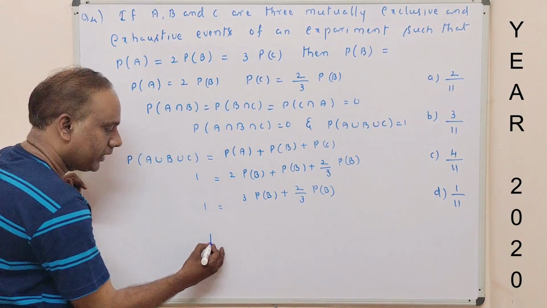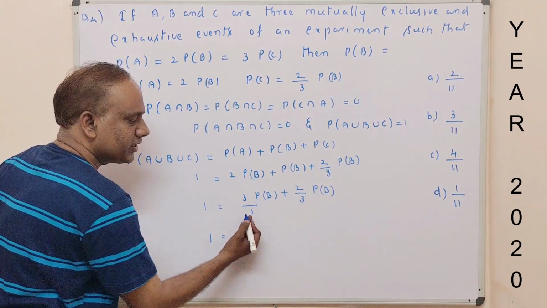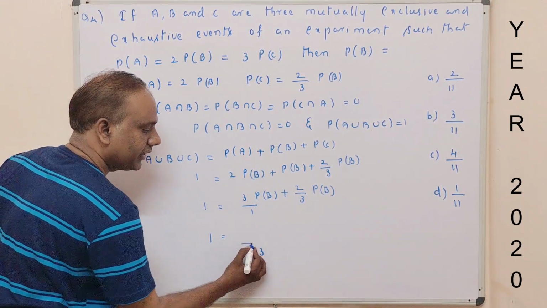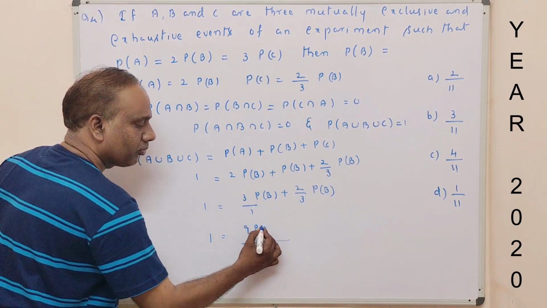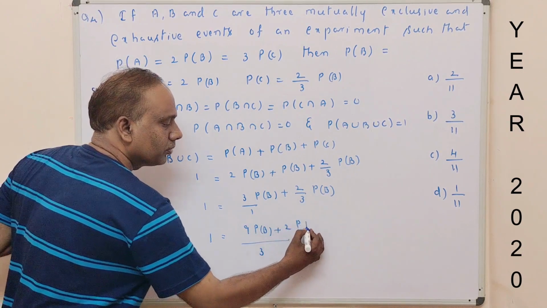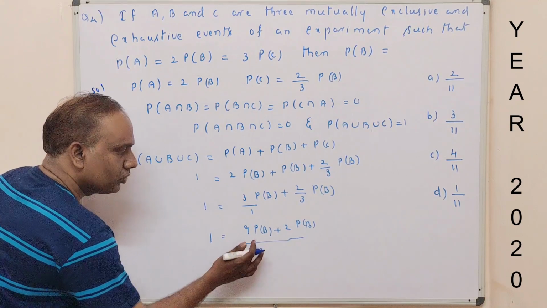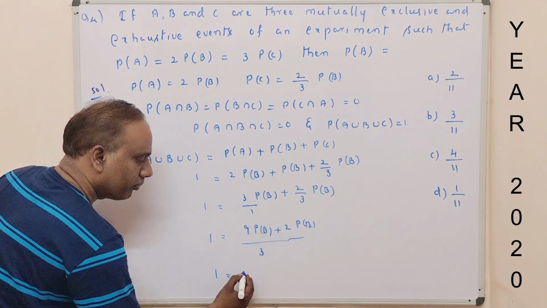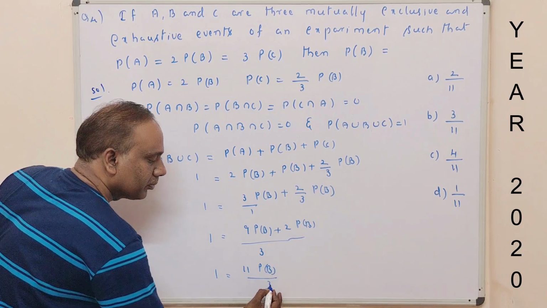Now 1 is equal to, here you take, actually the meaning is by 1. So LCM is 3. 3 ones are 3 and 3 threes are 9 P of B plus 1 into 2 is 2 into P of B. Now 1 is equal to 9 P of B and 2 P of B is equal to 11 P of B by 3.